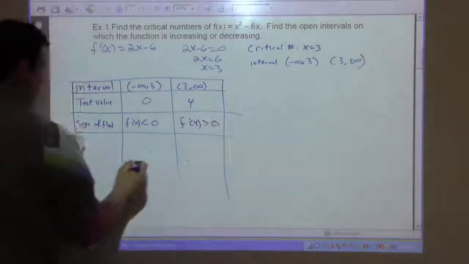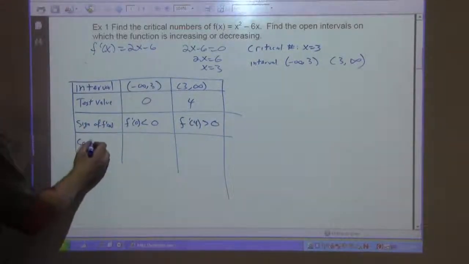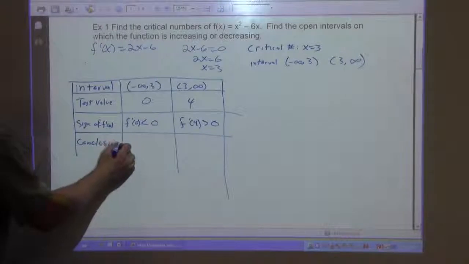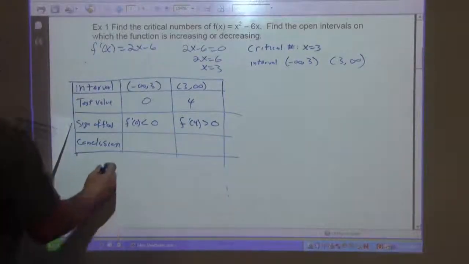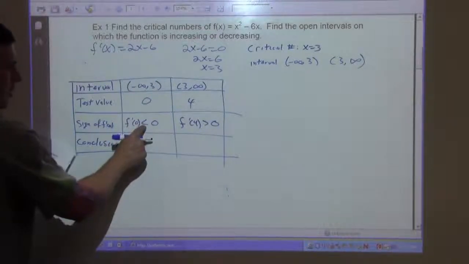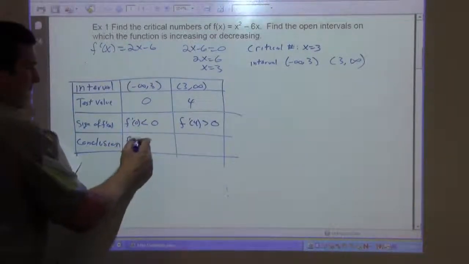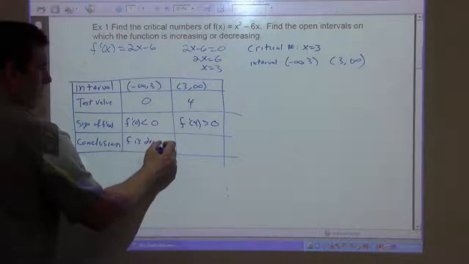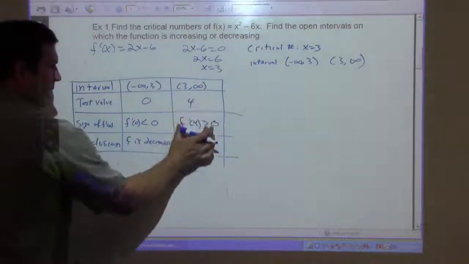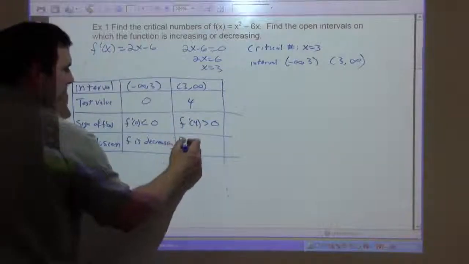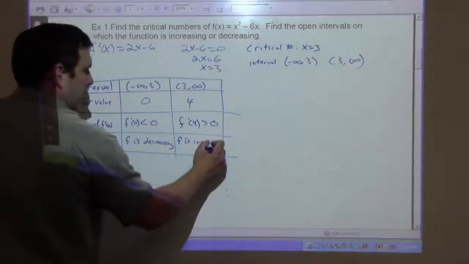That's positive. So, conclusion: in this interval, because the first derivative is negative, f is decreasing. In this interval, because f prime is positive, f is increasing.